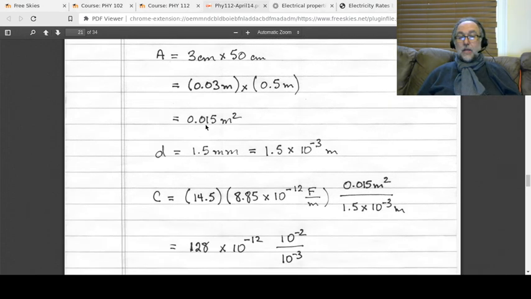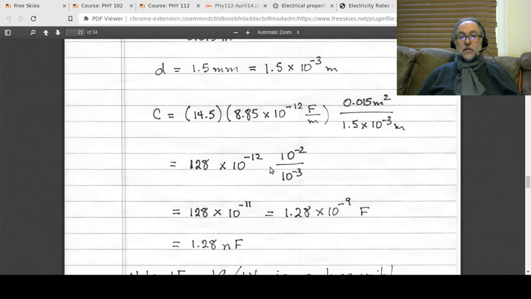All right, and now we're just ready to plug in to the formula. And so here we go. We've got that C is equal to K, which is 14.5, times that mysterious epsilon naught, 8.85 times 10 to the minus 12 farads per meter. The area of the plates is 0.015 meters squared. The distance between the two plates is 1.5 times 10 to the minus 3 meters. Notice a meter squared on top, a meter on the bottom.